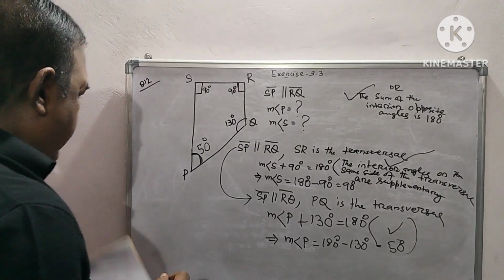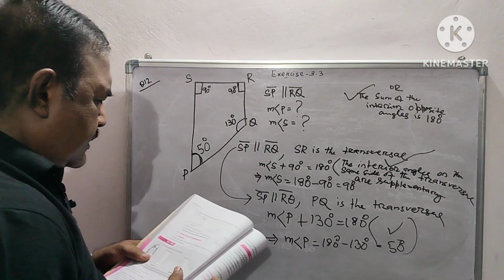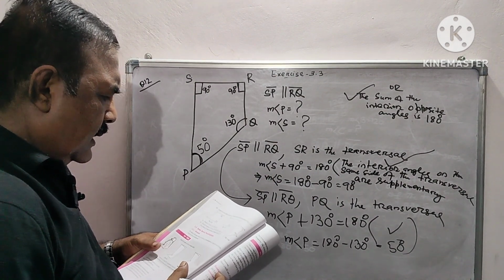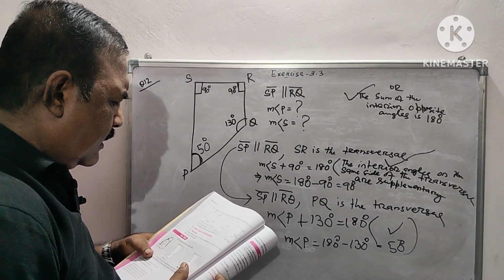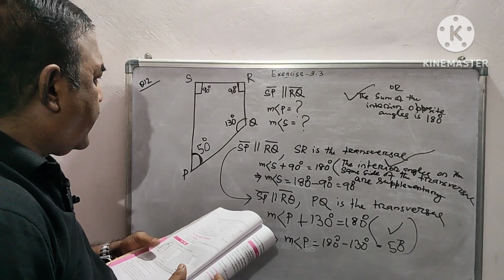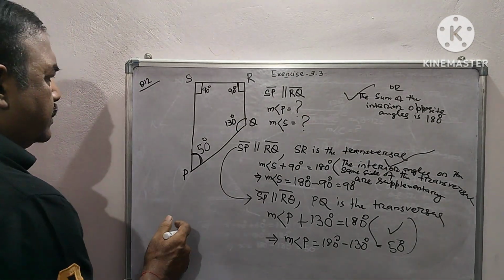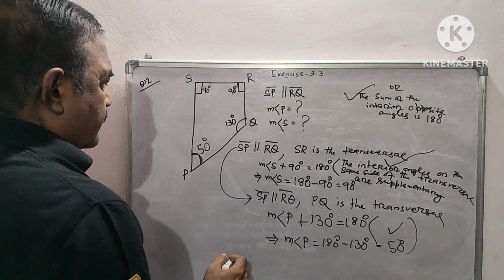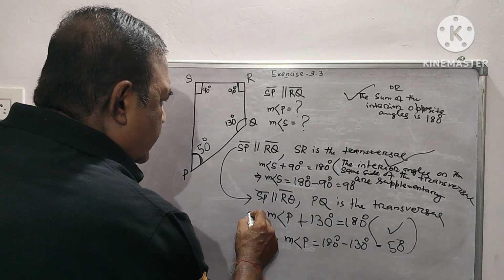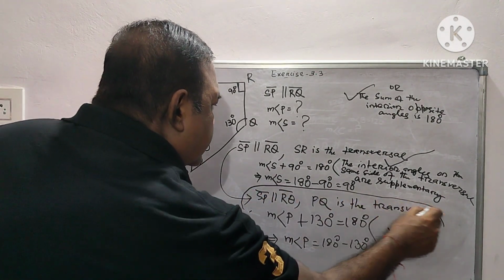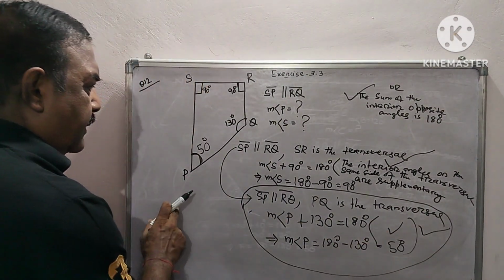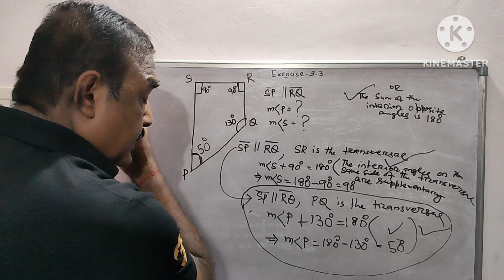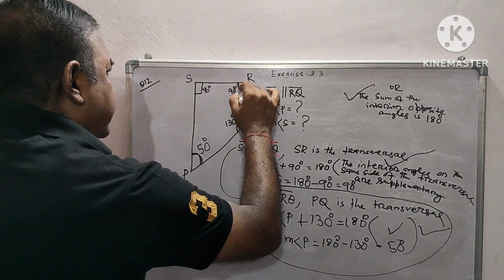Okay, and in the bracket towards the last line of this question, it asks if you find measure of angle R, is there more than one method to find angle P? So we will not use this method; now you will use another method.